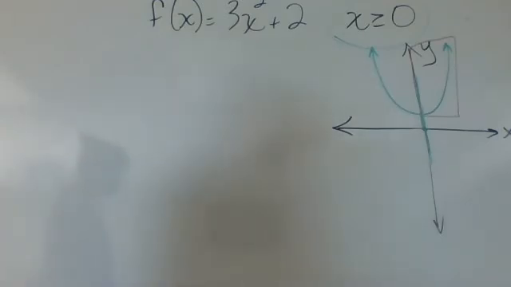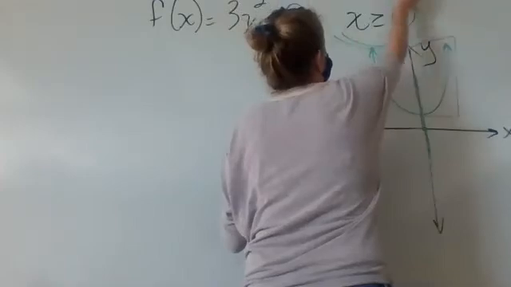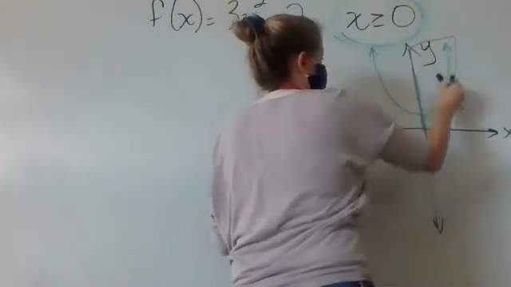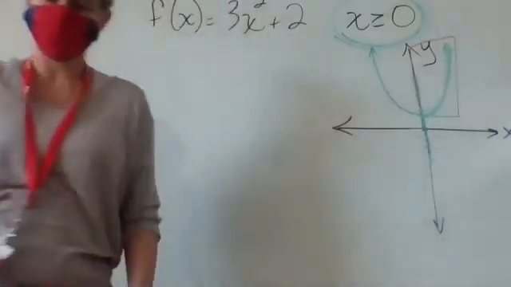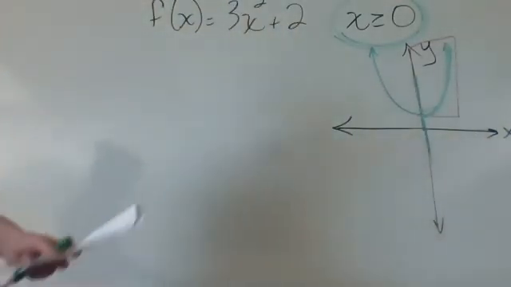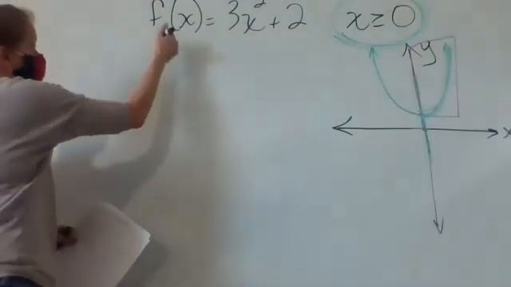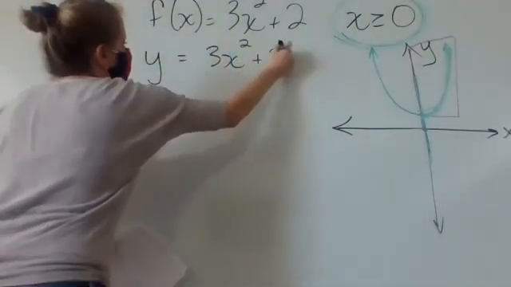So it's not a 1-to-1, but you can find the inverse, right, because it only wants you to look at this part of it, which is only the right portion of it. So rewrite it as y equals 3x squared plus 2.